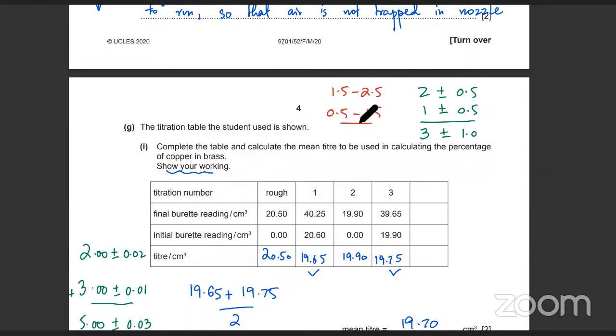Now imagine you're adding them up. What is the maximum value you can obtain? Maybe this value is actually 2.5 and this value is actually 1.5. So 2.5 plus 1.5 gives me 4. What is the smallest value I can get?